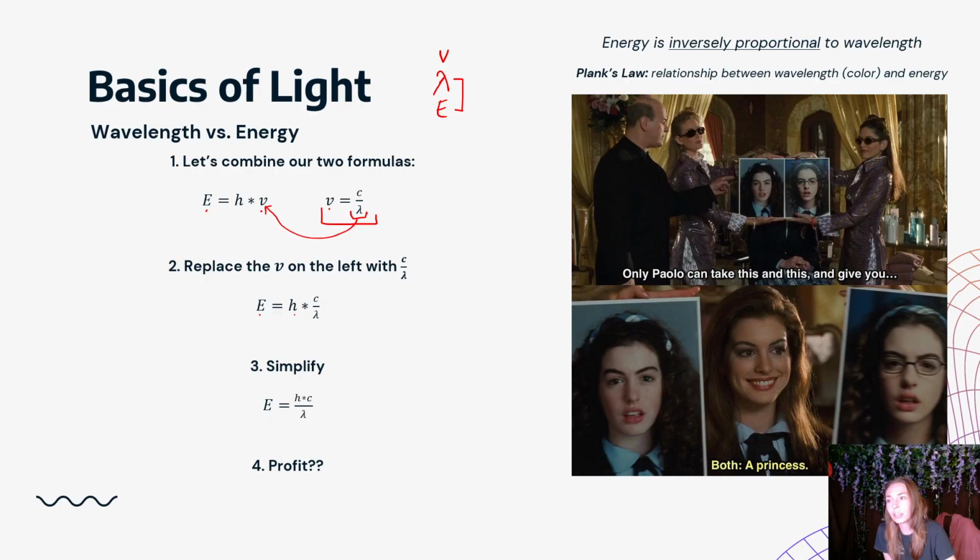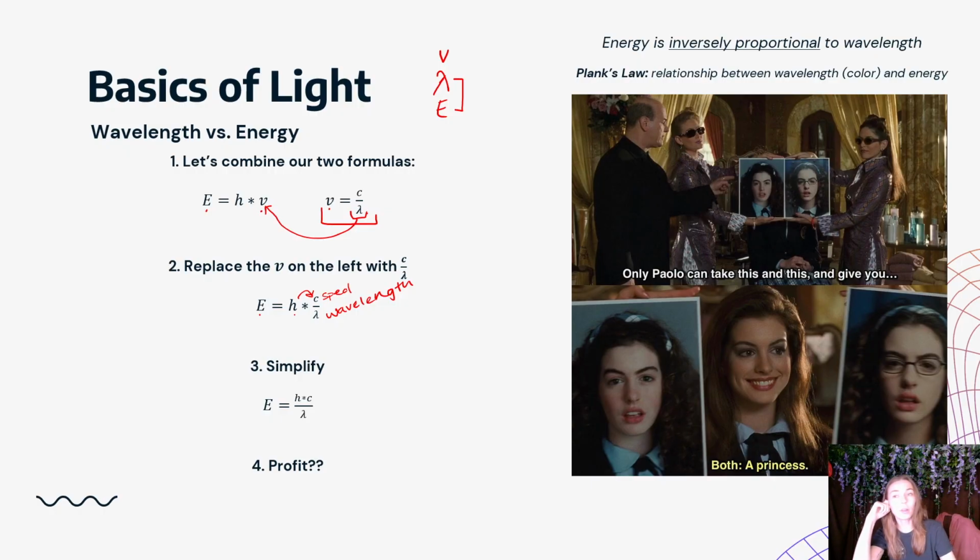We take energy and we multiply, or energy equals Planck's constant times speed of light over wavelength. If you need to simplify things down because you need things to look nice, you can multiply h by c, and you end up with energy equals Planck's constant times the speed of light over lambda.